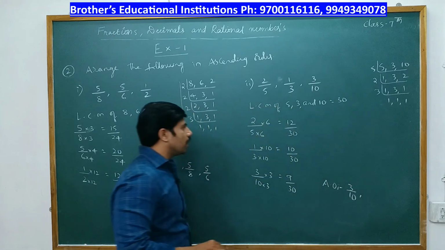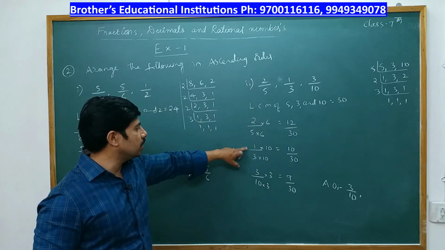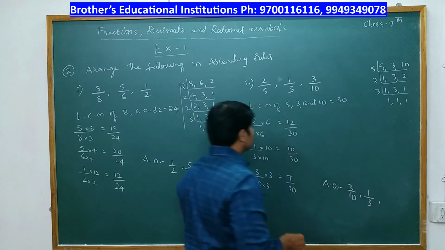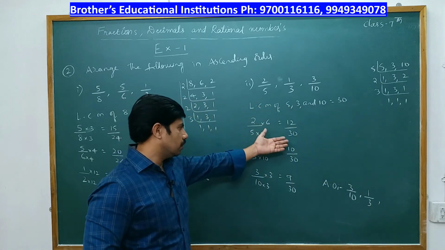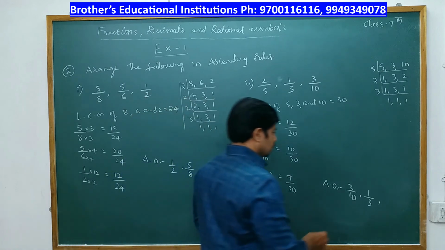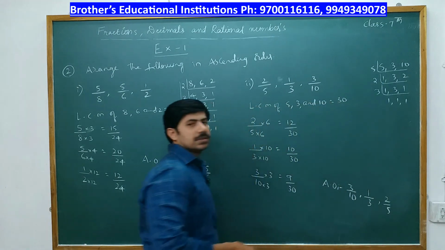Then the next one is 10 by 30. So 10 by 30 is from 1 by 3. So I'll write 1 by 3. After that, only one is left out, that is 12 by 30. We write it as 2 by 5. So this is the ascending order for the given problem. So this is completed.